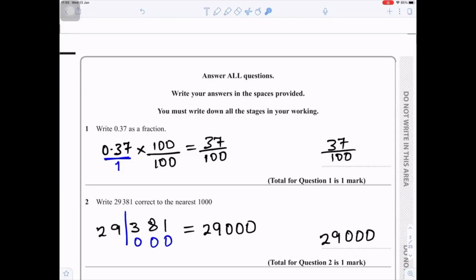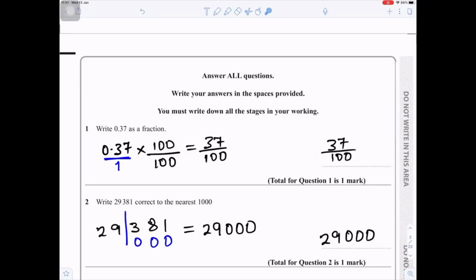Question number 2. Write 29,381 correct to the nearest thousand. So you put the line, I've got the blue line or red line now, between 29 and 3. You look at 3.